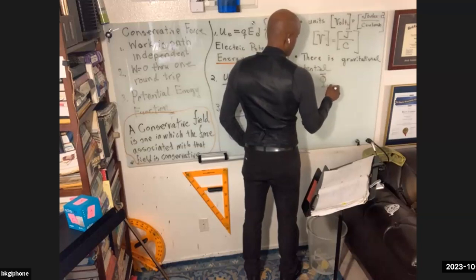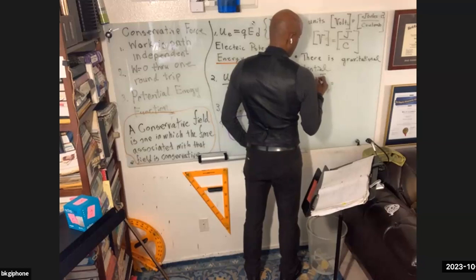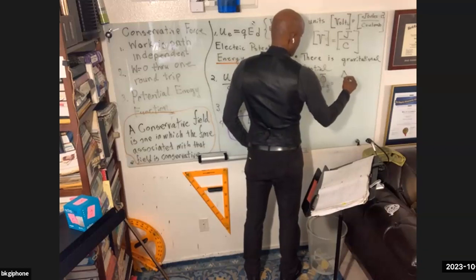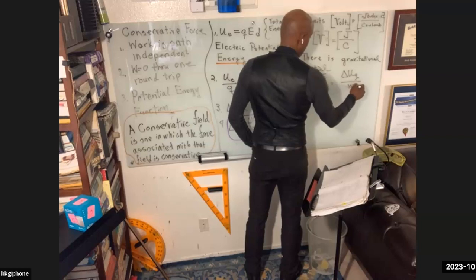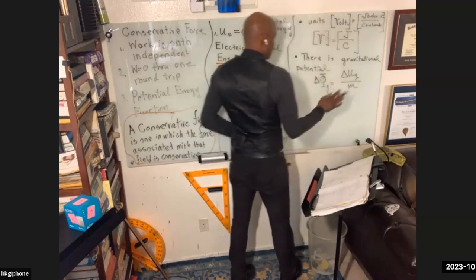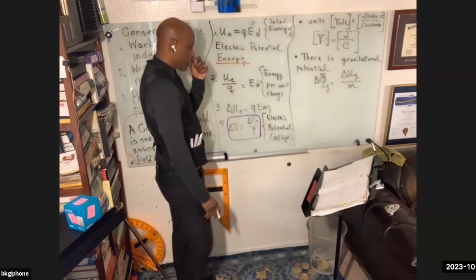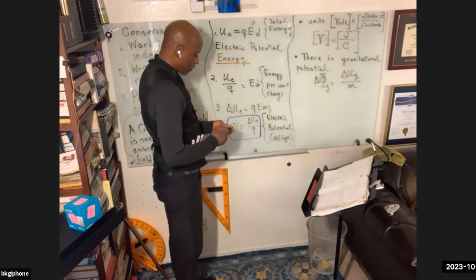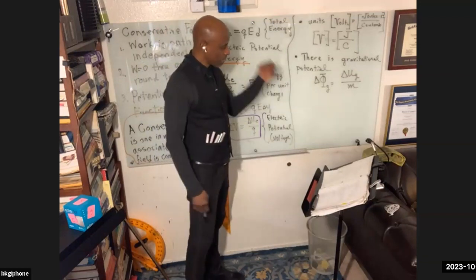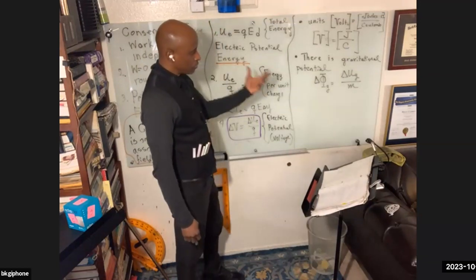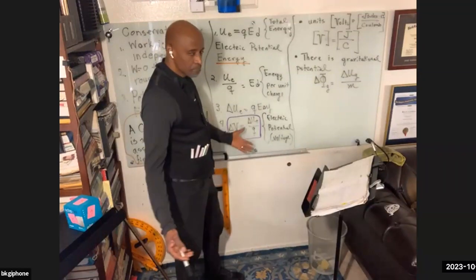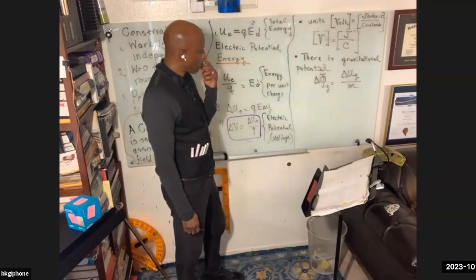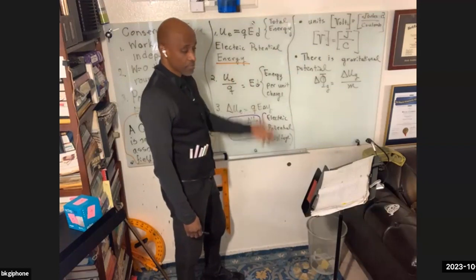The change in gravitational potential is equal to the change in gravitational potential energy divided by the mass. Just for your information. We obviously don't call it volts. It's just joules per kilogram, but it exists.